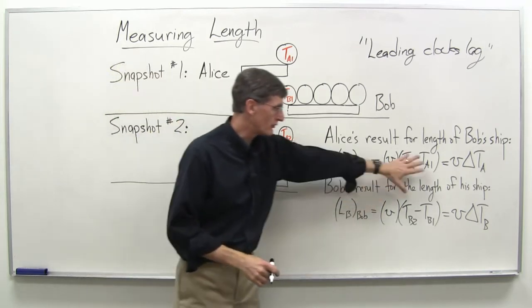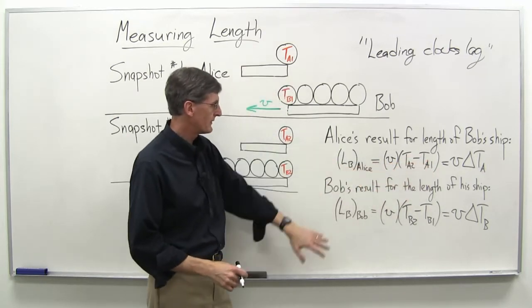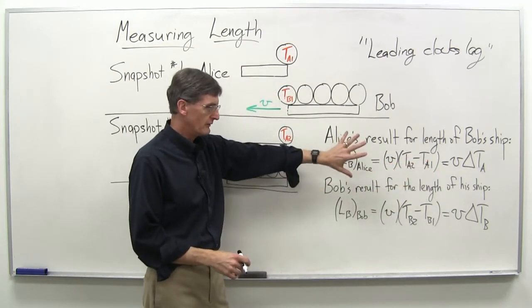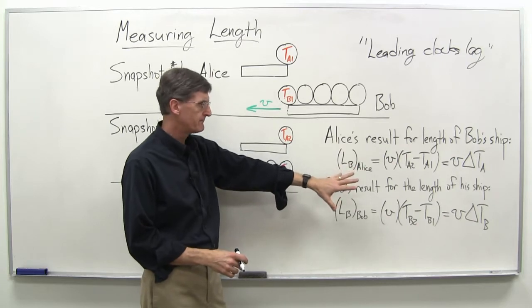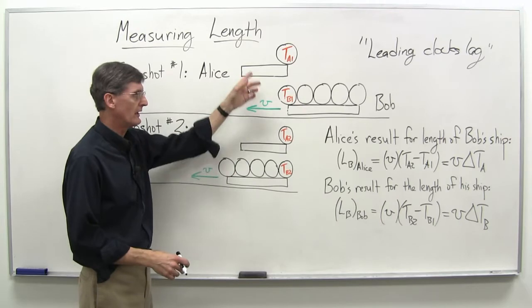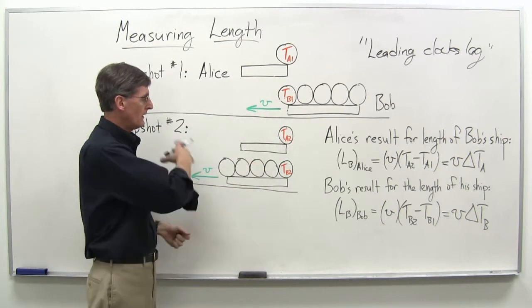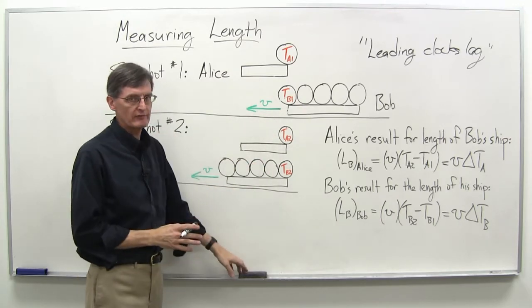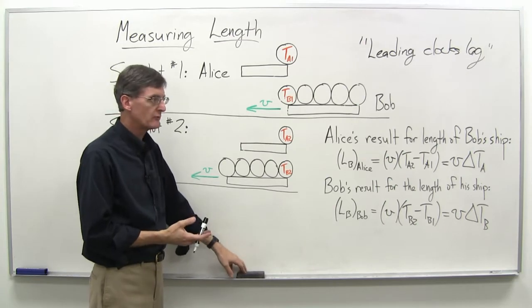So here are the two results we got. Alice is getting this result, Bob is getting this result. They would turn out to be different answers if we looked at them. And the reason they're getting different answers we just explained. Again, Bob is saying, hey, Alice, your clock is running too slow. And Alice is saying, Bob, your clocks aren't even synchronized, so why even bother making these measurements?